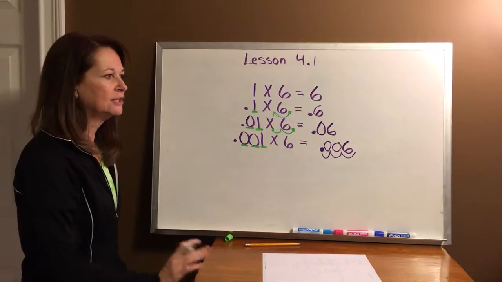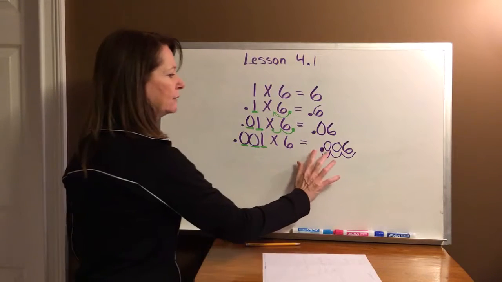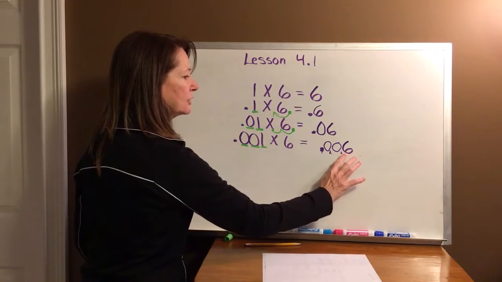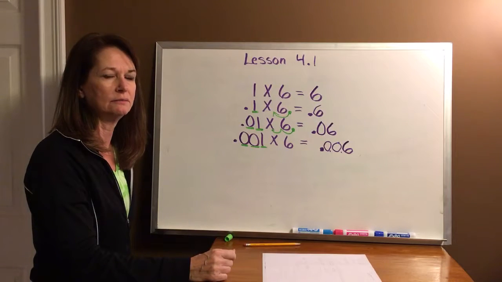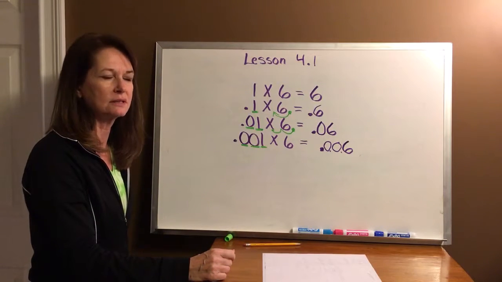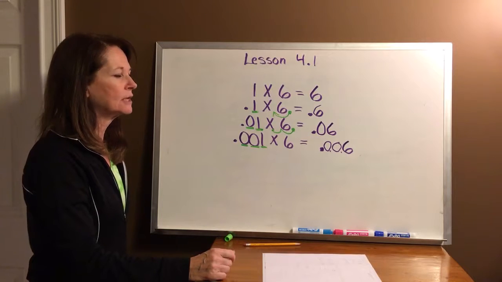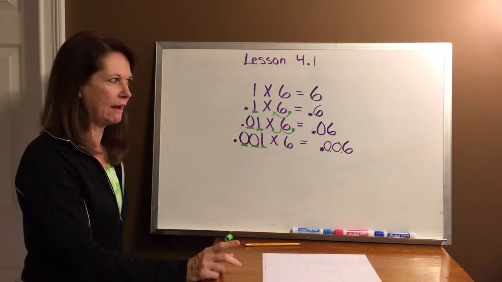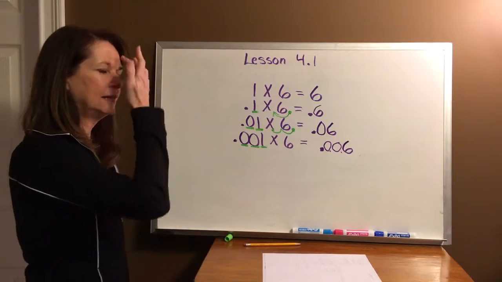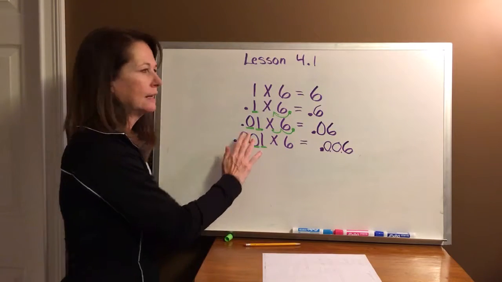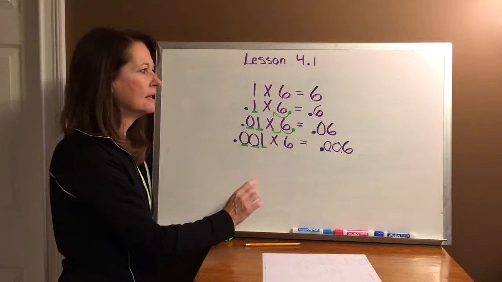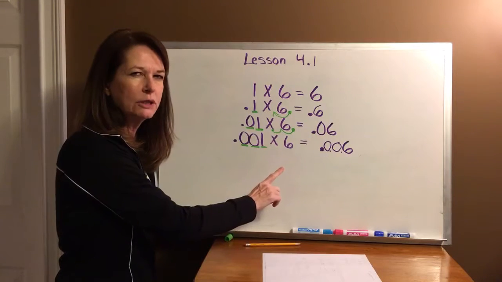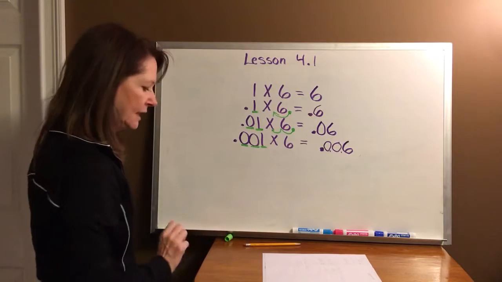And so my answer, although it looks kind of funny with all of this, is 6/1000. Okay? So let's practice one where we're actually multiplying the 10th and the 100th and the 1000th by a decimal. Let's try that, okay?